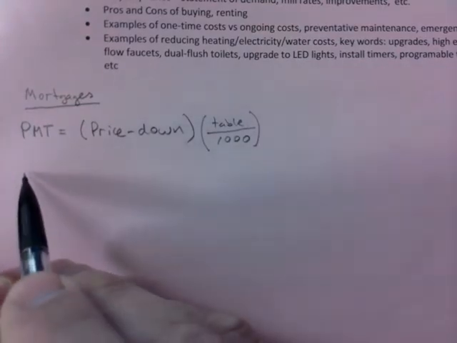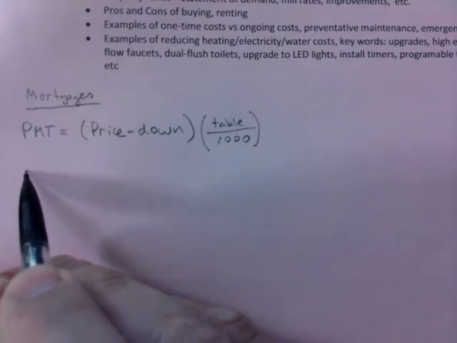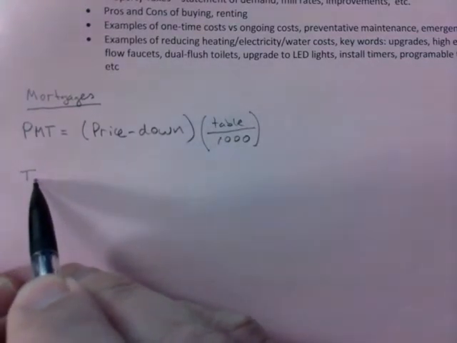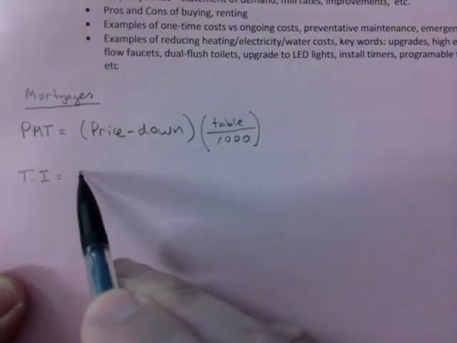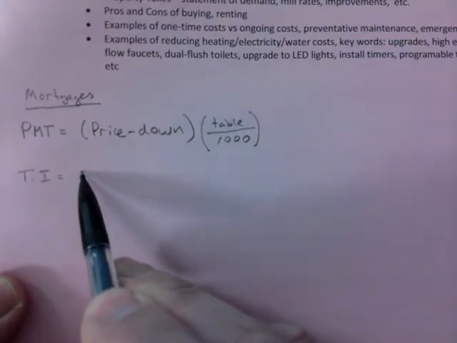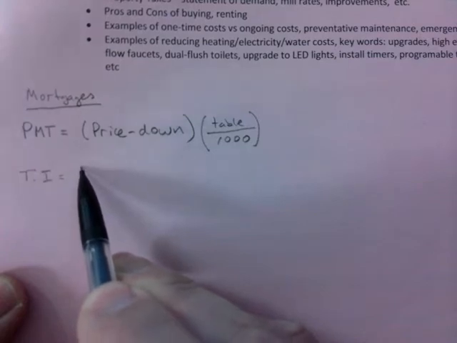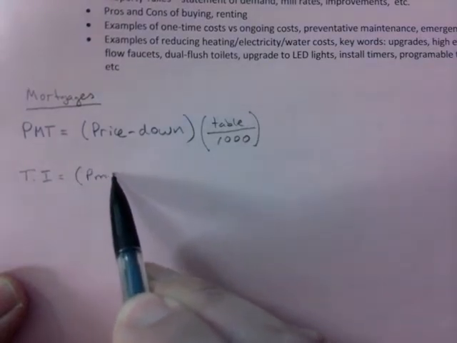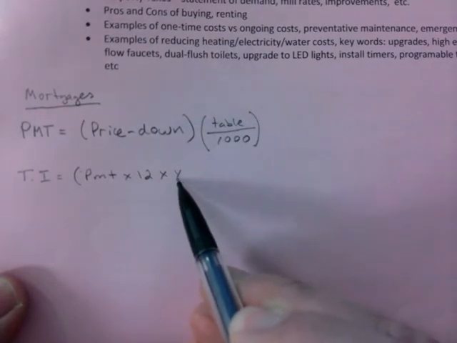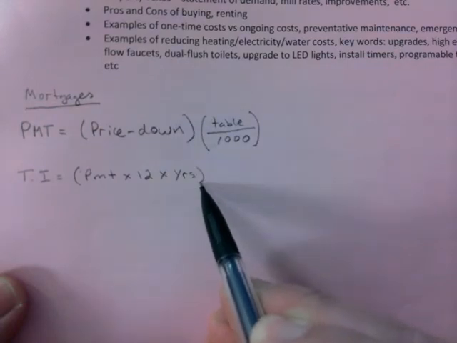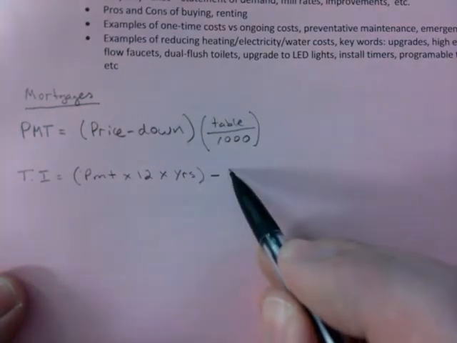Then the other one would be the total interest. You take your payment, multiply that by 12 months and by the number of years, and you subtract the mortgage from it.